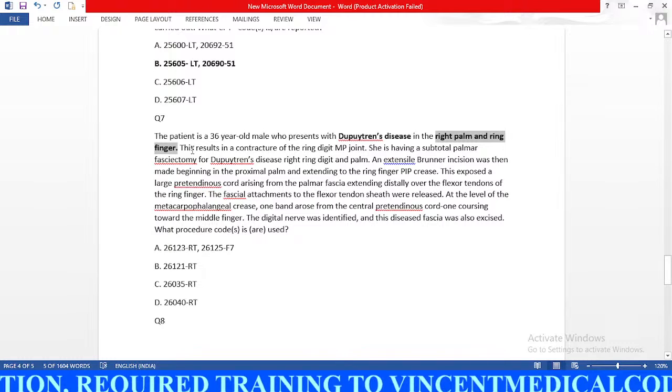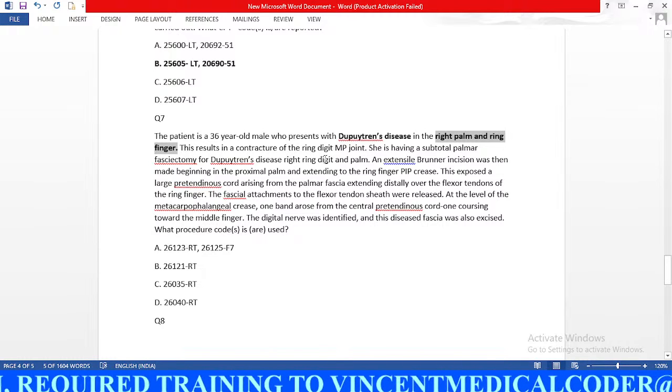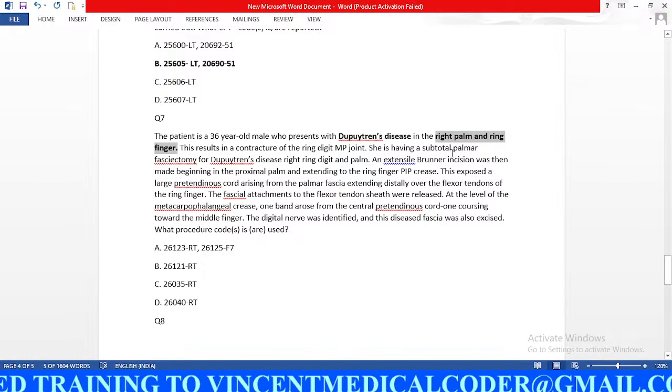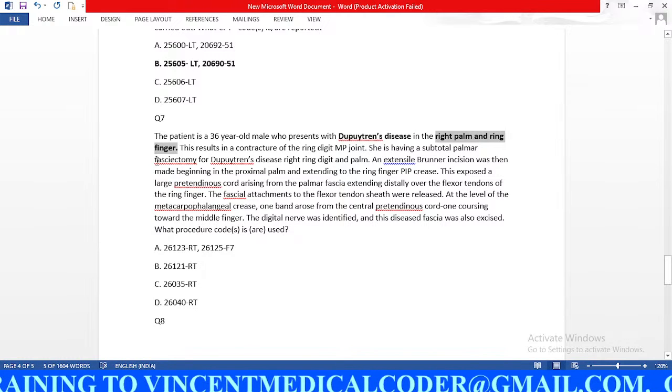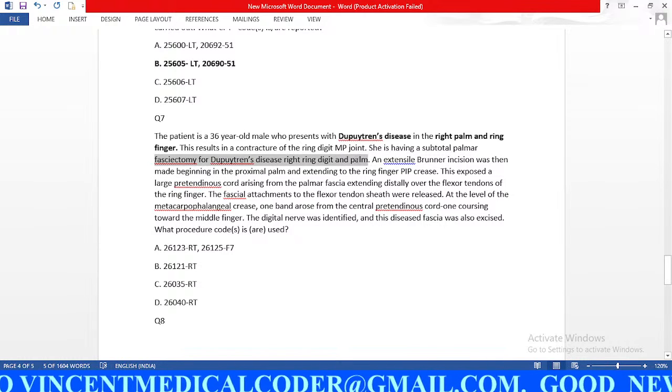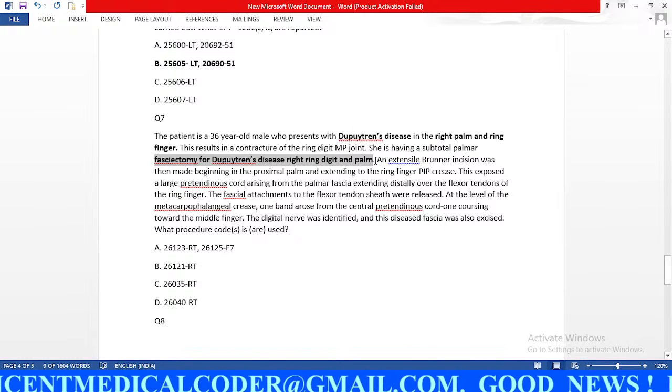So this results in contracture of the right ring digit MP joint. She is having subtotal palmar fasciectomy for Dupuytren disease, right ring digit and palm. So this is very important to understand.